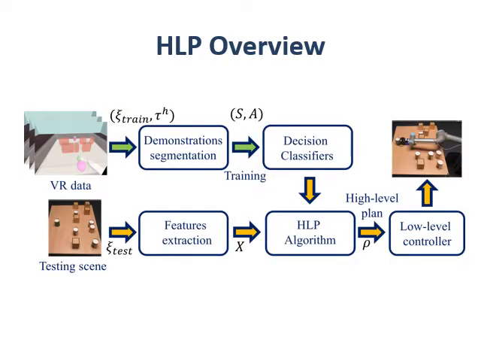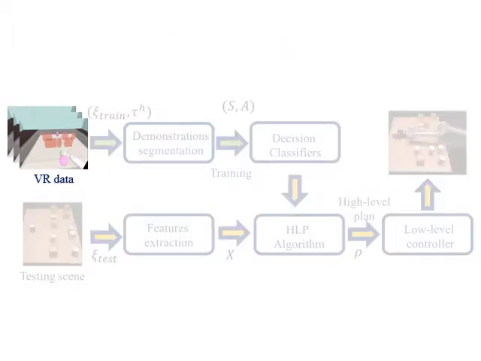This is an overview of the Human-like Planner (HLP), which runs in two phases: the training phase, shown by the green arrows, and the testing phase, shown by the yellow ones. I will go briefly through these steps. Firstly, we collect a dataset using a virtual reality setup.